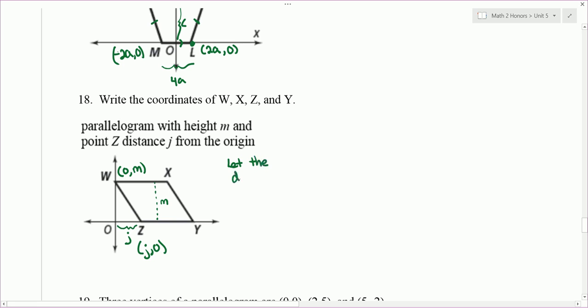Let the distance ZY equal k. So if I'm going to go k, then Y would be J plus k, comma 0. And opposite sides are congruent, so X would be 0 plus k, M. So we got to pick that distance. It didn't have to be k, it just had to be the same distance and you would have had it.